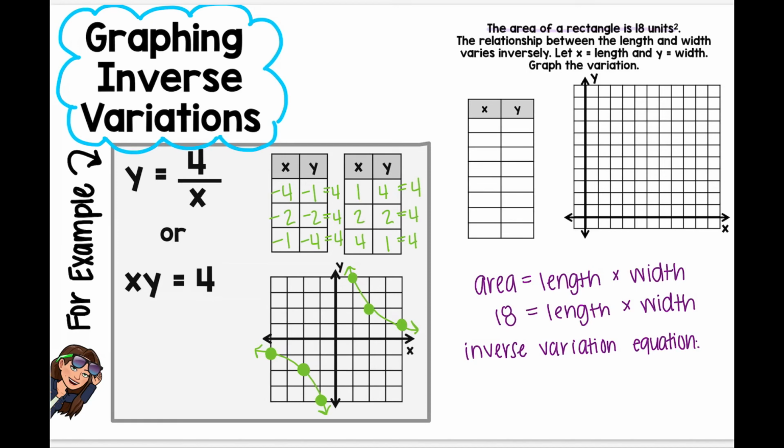So if x is the length and y is the width, then our inverse variation equation would look like x times y equals 18, because the length times the width is equal to the area. Now we can pick some x and y values to go in this table.